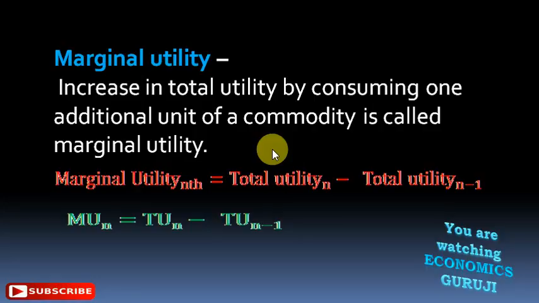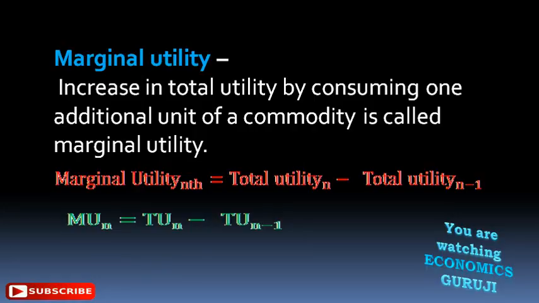It is the net addition to the total utility made by the utility of the additional or extra unit of the commodity in its total stock. It has been said to be the last unit in the given total stock of a commodity. According to Professor Boulding, the marginal utility of any quantity of a commodity is the increase in total utility which results from a unit increase in its consumption.